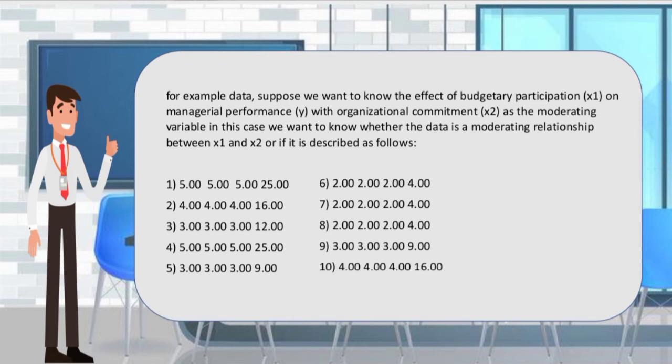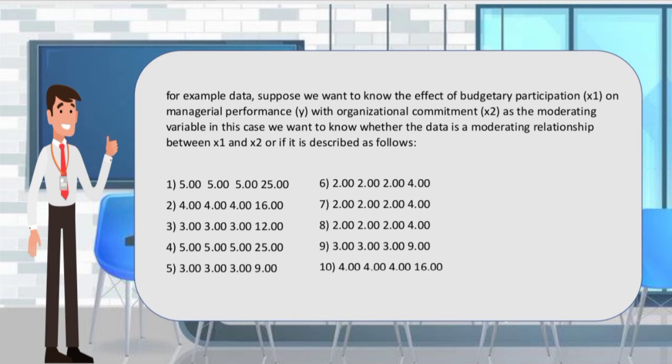The y is 5.00, the x1 is 5.00, the x2 is 5.00, and the x1, x2 is 25.00. For the second one, it is 4.00 for the y, 4.00 for the x1, 4.00 for the x2, and 16.00 for the x1, x2.